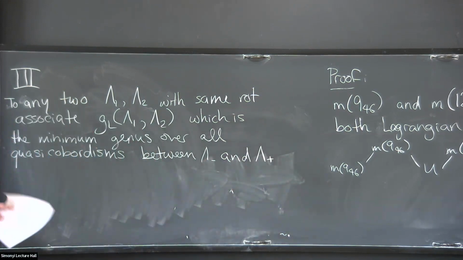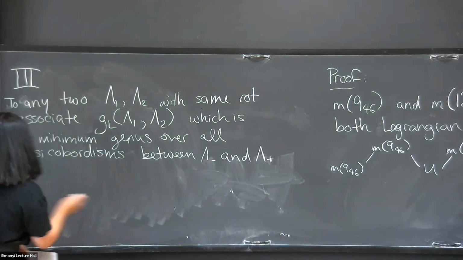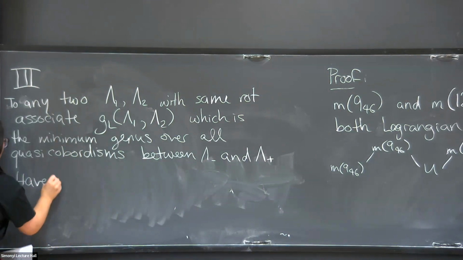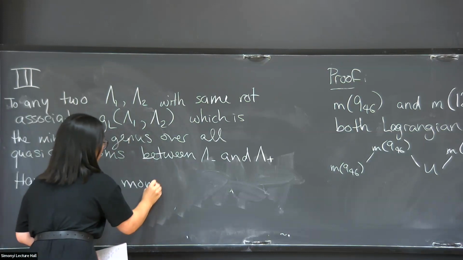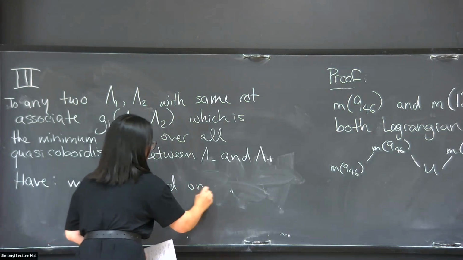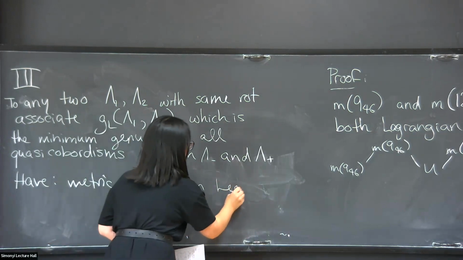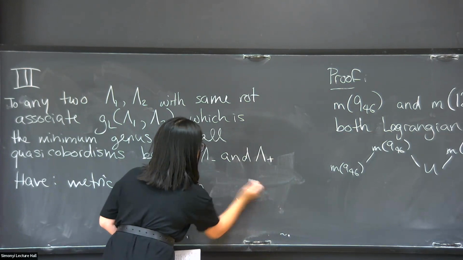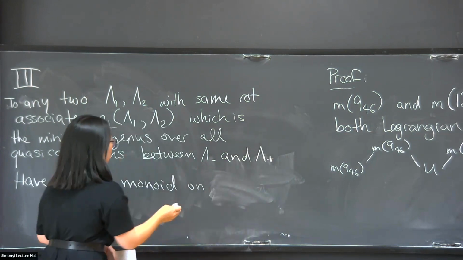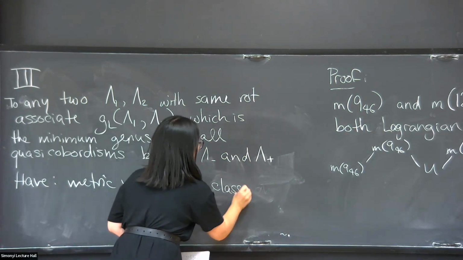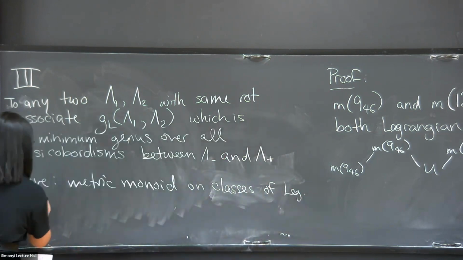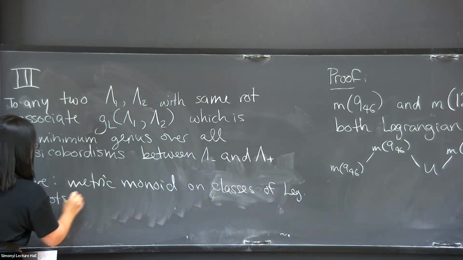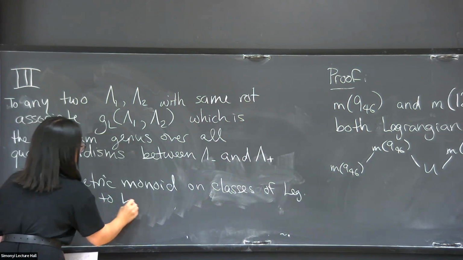And this gives me a metric. So now what I have is a metric monoid on classes of Legendrian knots up to Lagrangian quasi-cobordism.